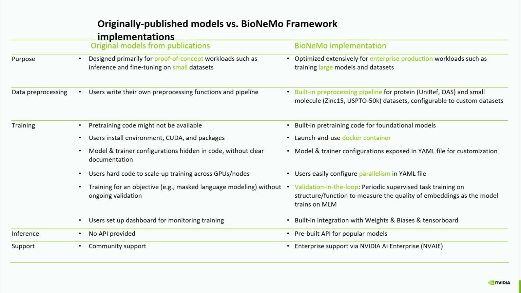You get pre-processing, because all of this analysis cannot be done without preparing your data. To make all of this work, you need a lot of pre-processing, and we give you all of that already curated so that you can use it without having to spend a lot of time figuring it out.